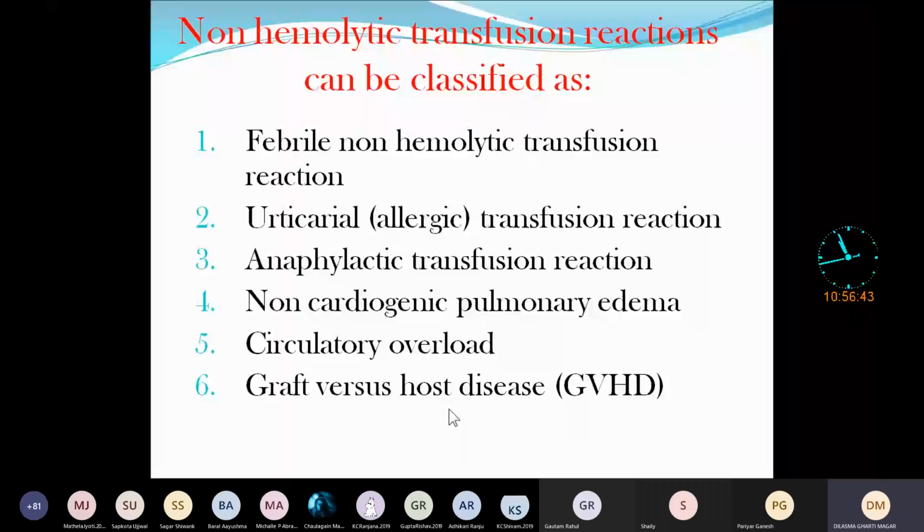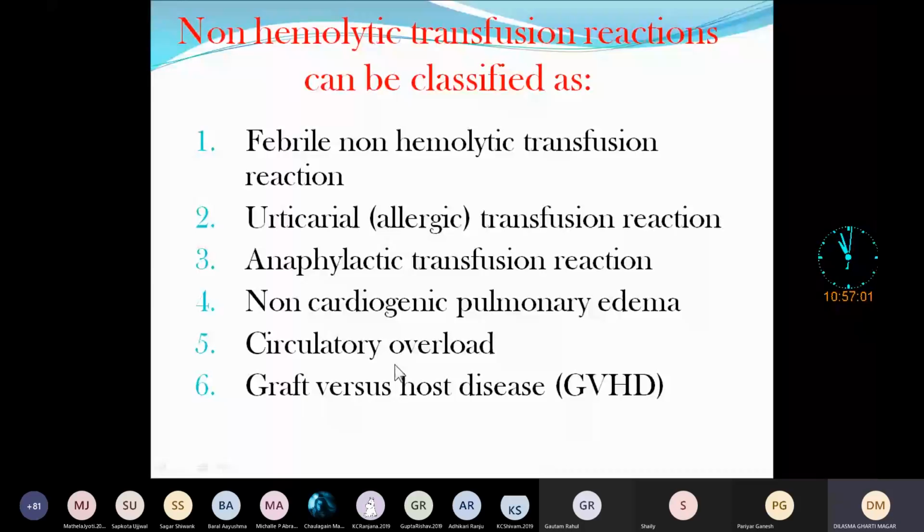They are always ready to help their children, isn't it? Usually we don't take blood from our own relatives. So if the parent gives the blood, then there can be graft versus host disease. That is the main cause.